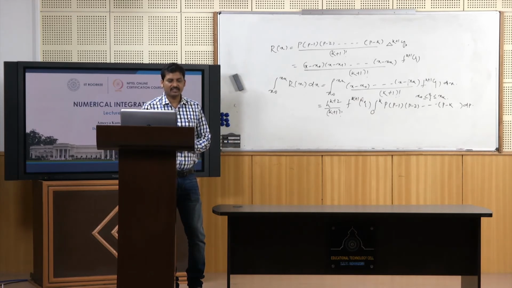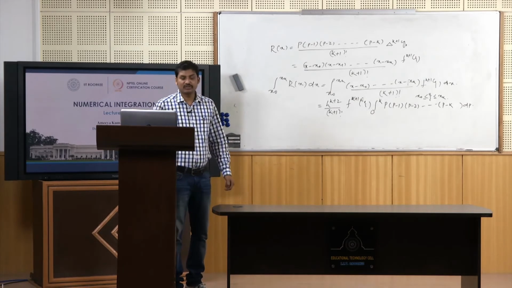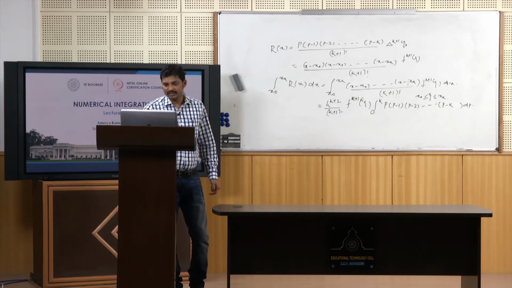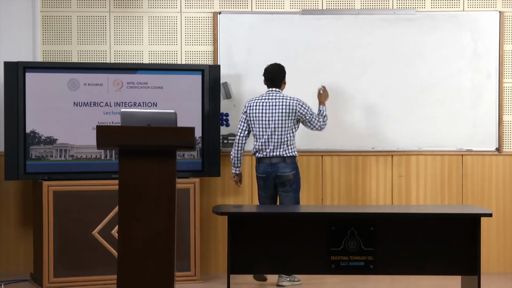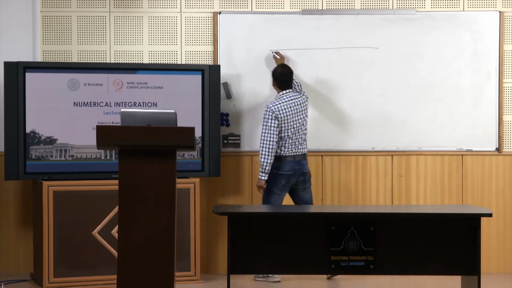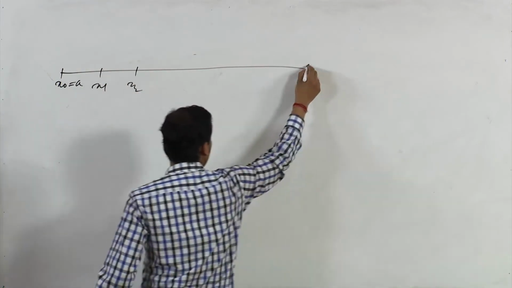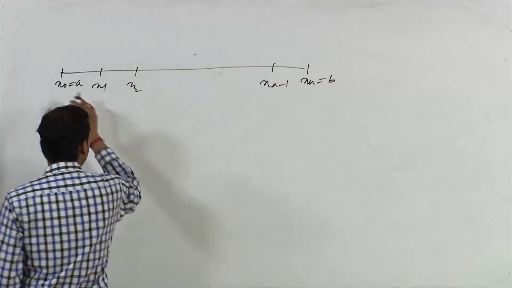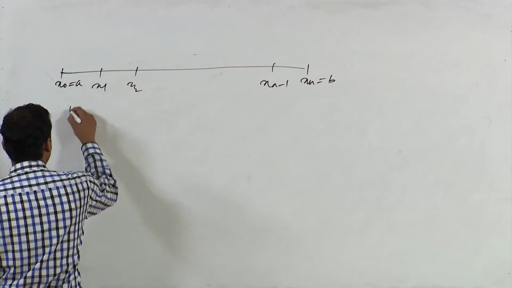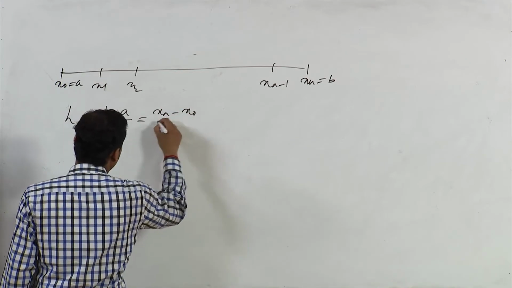Suppose that the interval AB is subdivided into n sub intervals, each of length h. Then we can define h equals b minus a by n. In a graphical sense, we can define the points x0 up to xn equals b. If all these points are equally spaced, then h equals b minus a by n, or xn minus x0 by n.